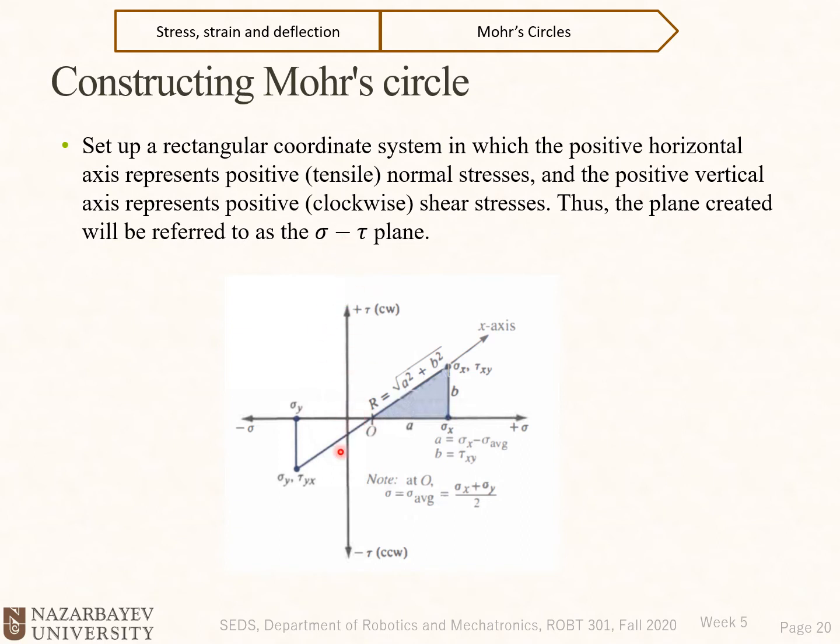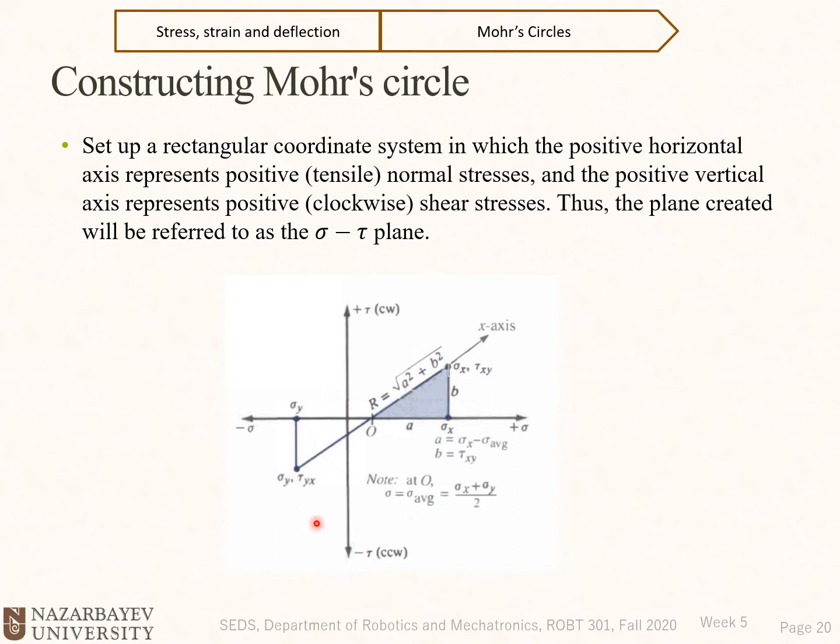We have two sides. Yes, we have the x side on the element and the y side. On the x side, we had sigma x and tau xy. Both of them are positive. So see, we are in the positive quarter of the coordinate system. And on the other side, we had sigma y, which was negative, compressive.